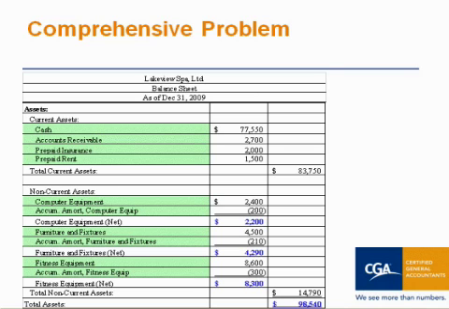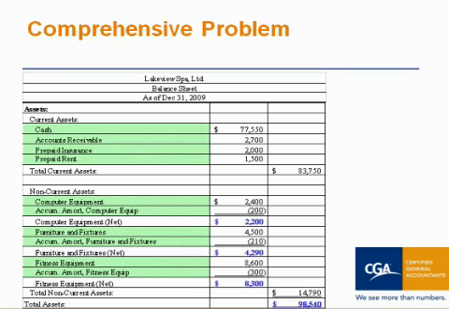We have computer equipment, furniture and fixtures, and fitness equipment. All of those items will be around for several years, so they're non-current. So we carry over the amounts from the asset account along with the contra account and calculate the net balance for our computer equipment, our furniture and fixtures, and our fitness equipment.